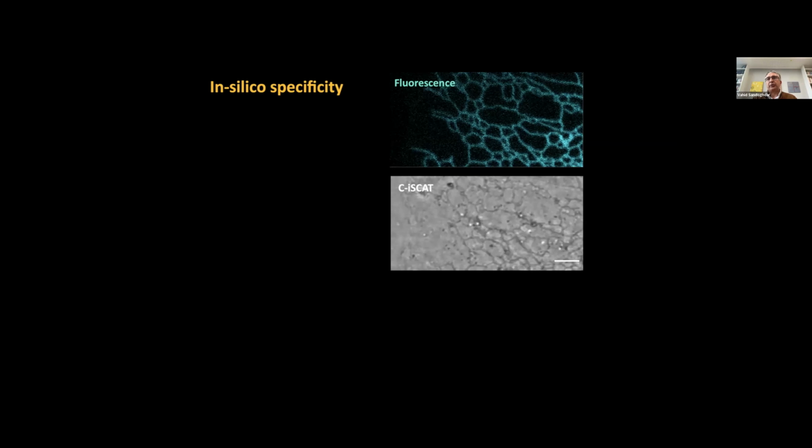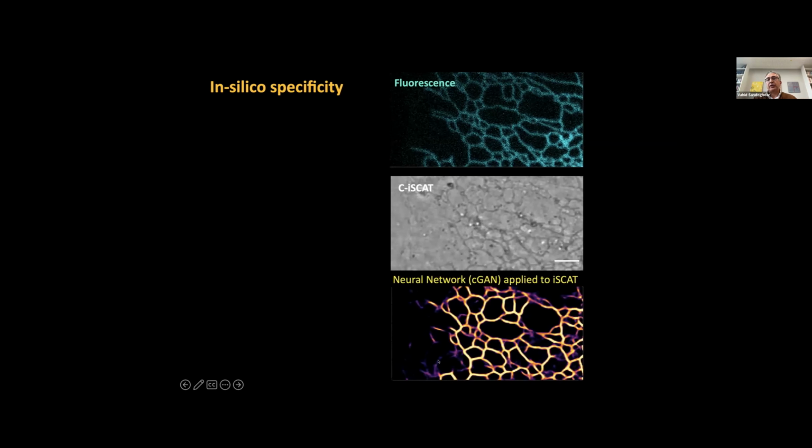Because the two channels are two different wavelengths, we can have access to both of these signals at any given time. So now a network was trained on the fluorescence data, and when it was then applied to the confocal image, it could recognize the ER tubules to better than 92%, if I remember correctly.